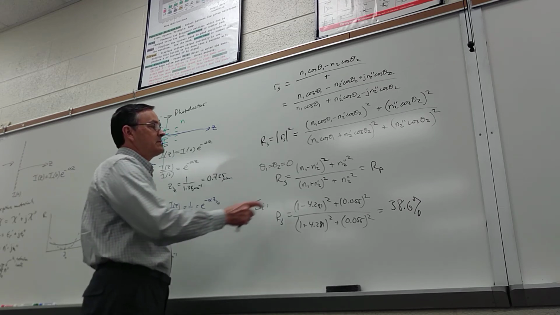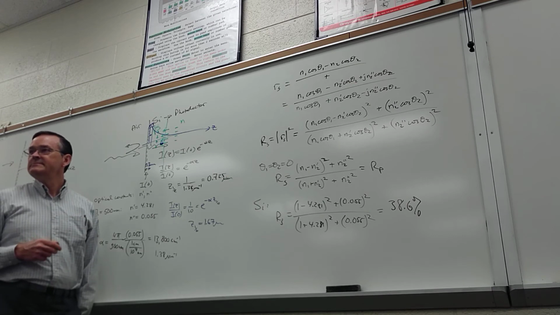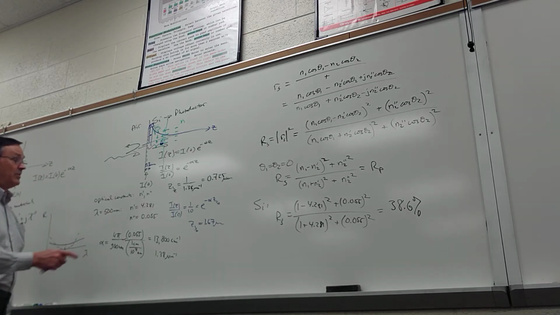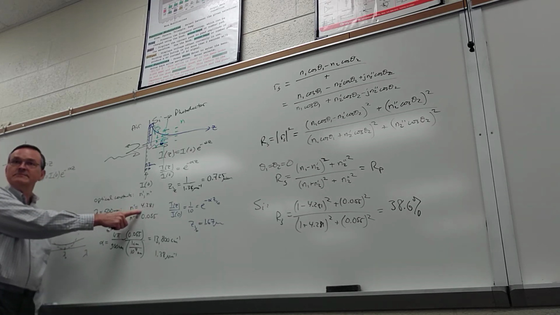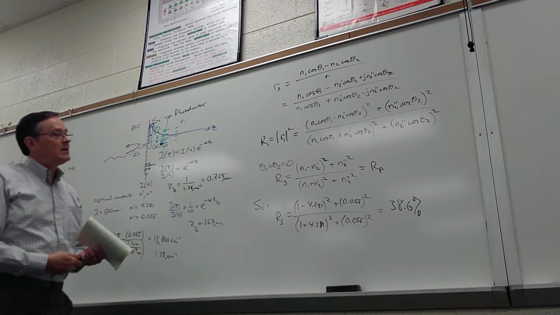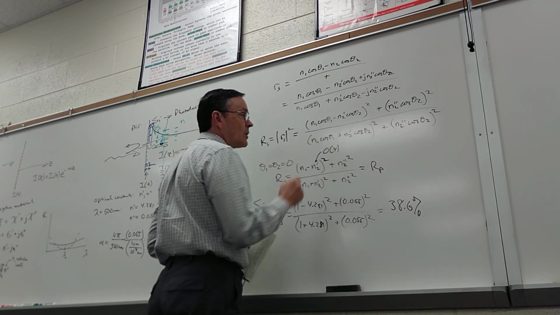But what's the biggest real part of the refractive index that you can have? 4 point something. This is gigantic. Doesn't get much bigger than that. So this is on the order of 4.